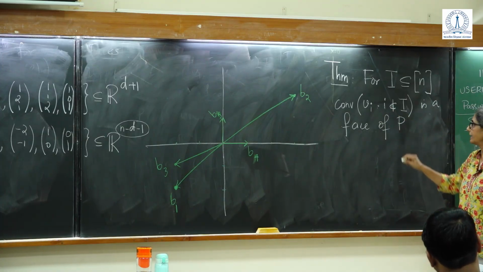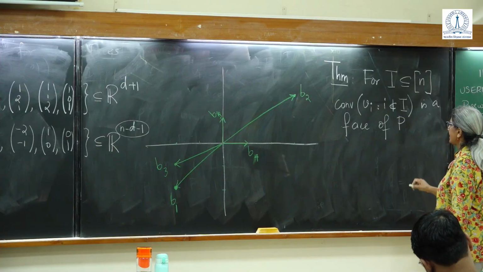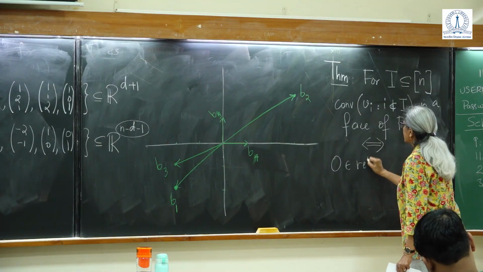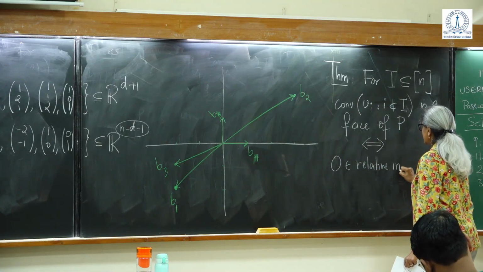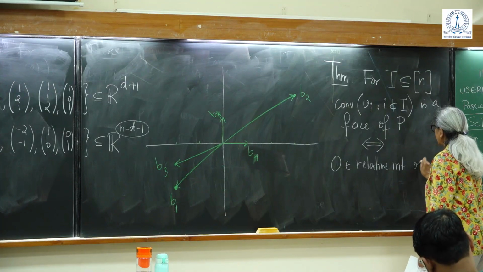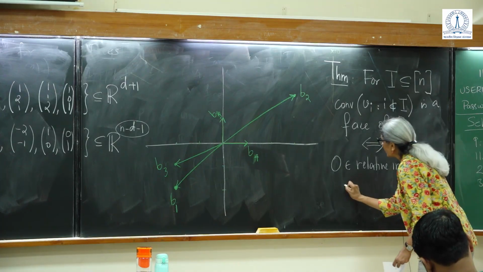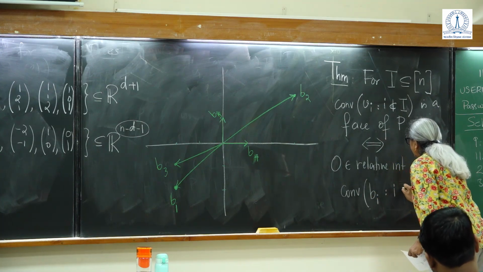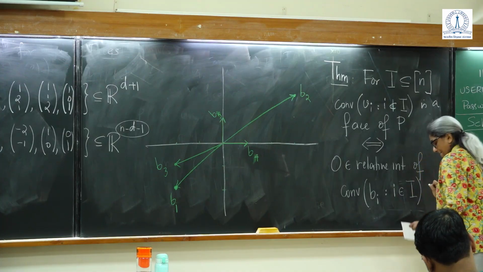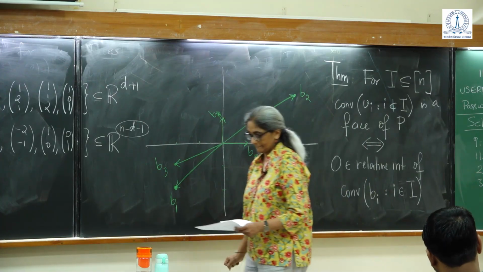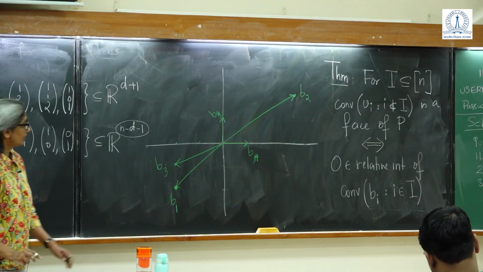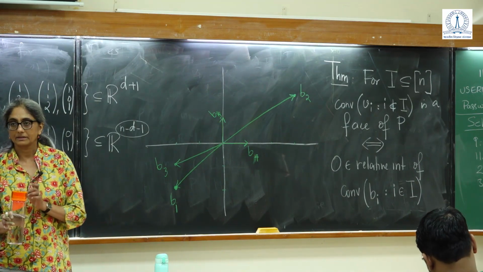The convex hull of Vi, i not in this index set, is a face of P if and only if 0 lies in the relative interior of the convex hull of the Bi such that i belongs to I. I'll explain what this is in a second. That's the theorem, and we're going to illustrate it on this example, and then we will see why this works. Good?